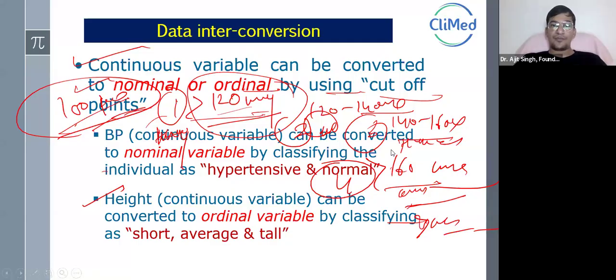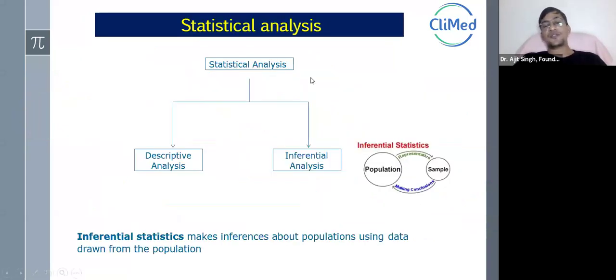So after interconversion, there is statistical analysis. There are two types of statistical analysis. One is descriptive analysis, one is inferential analysis. What is the difference? It is simple. Descriptive means basic analysis, and inferential means high-end analysis.